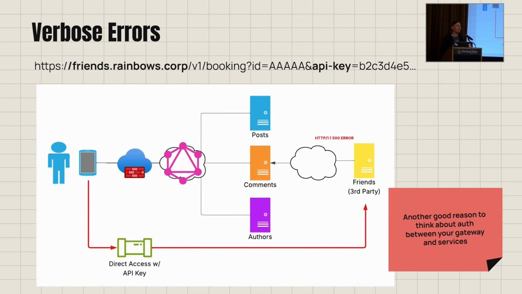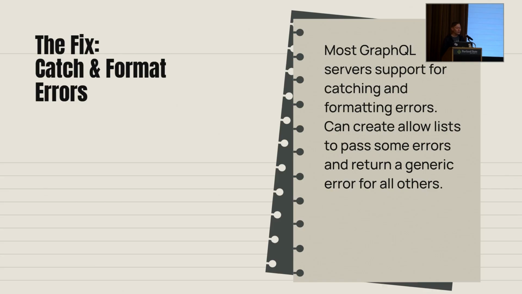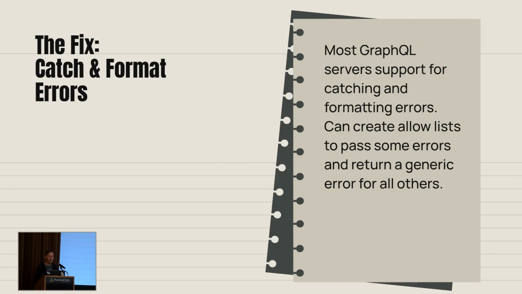Obviously, we had issues around how we were authenticating with that service that we could improve. But this event was our wake-up call that we wanted a better way of handling error messages with GraphQL. Fortunately, most GraphQL implementations do offer a very simple catch and formatting for error messages. This was a great way to say, we know these error messages are helpful to our clients. They're coming from systems that we've worked with before.